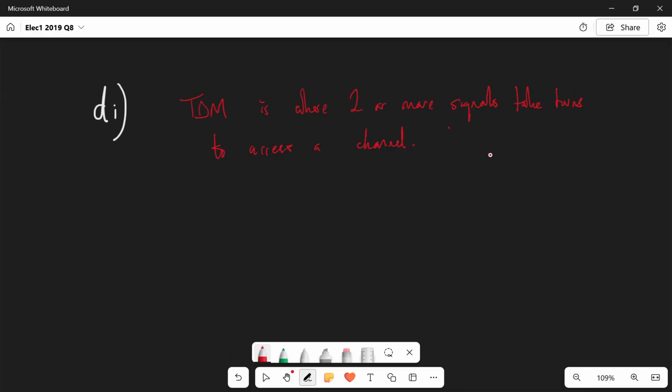Transmission time is divided into time slots of fixed length, one for each signal.